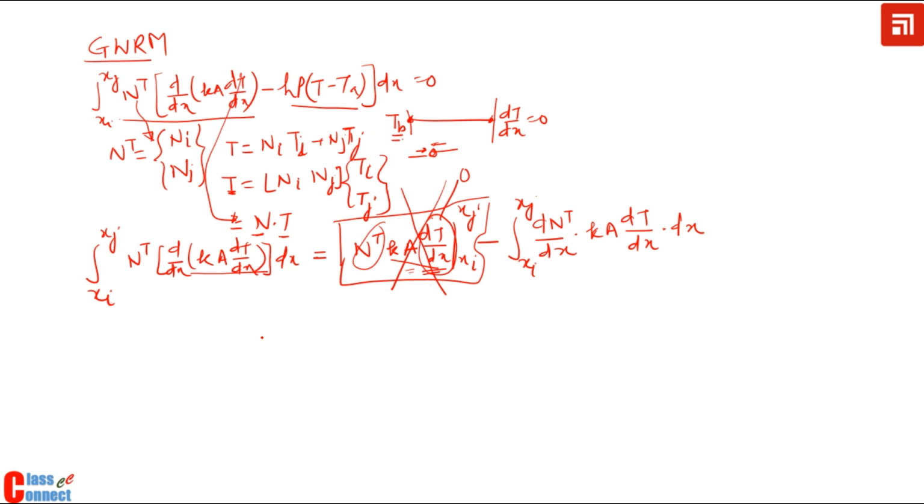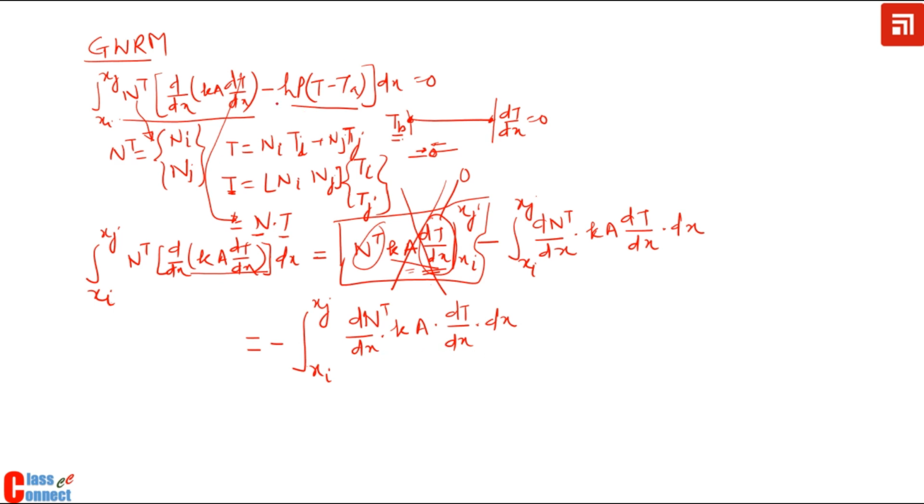So what we get is only minus the integral from xi to xj of dN transpose by dx, k A dT/dx into dx.